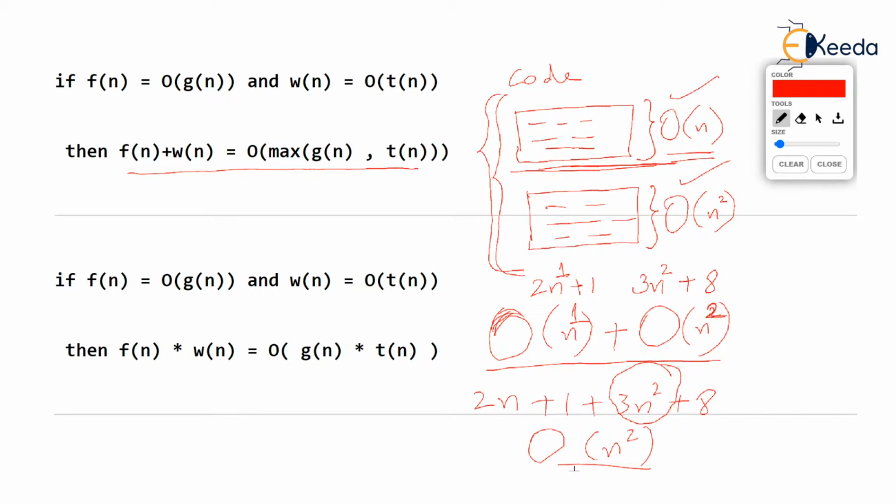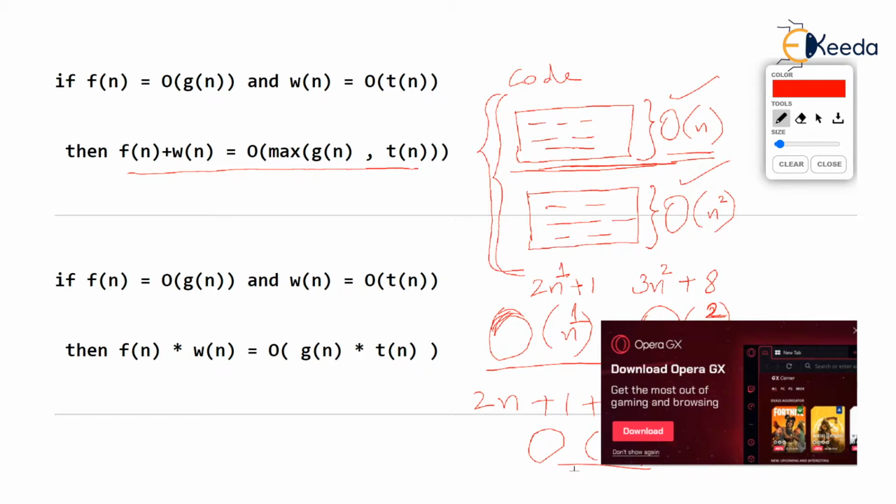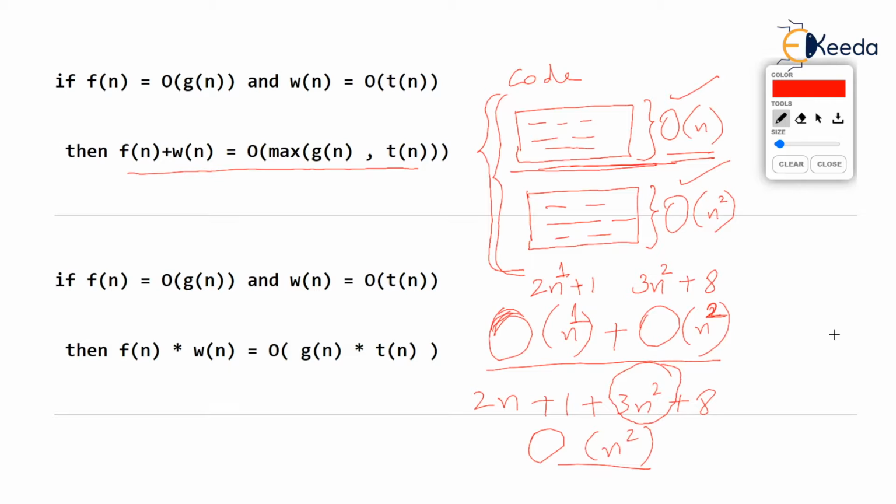So what it means is that if we have two big O notations, or two back-to-back codes, each having their own big O notation, and somebody asks us what is the overall big O notation of the entire code, then you should take the maximum between the two O notations.